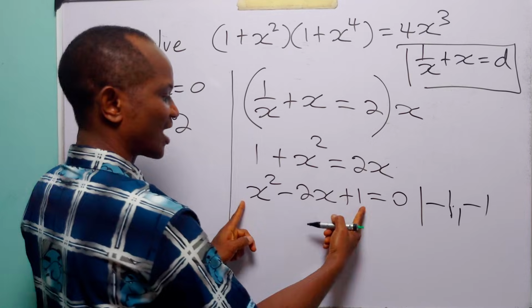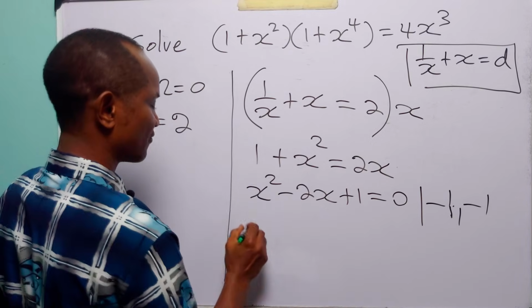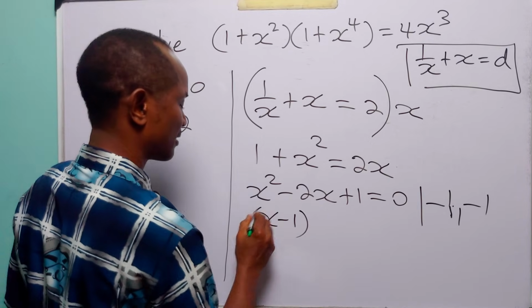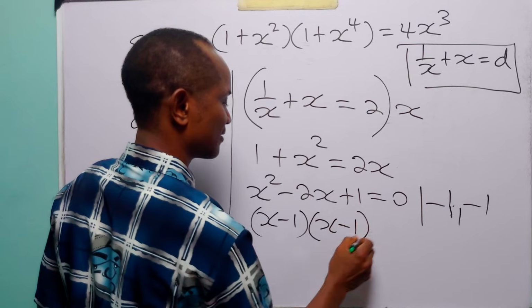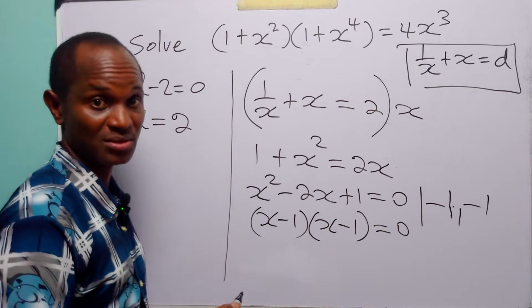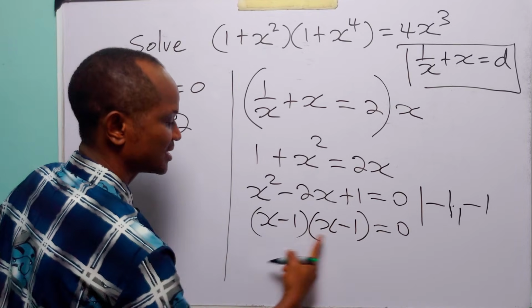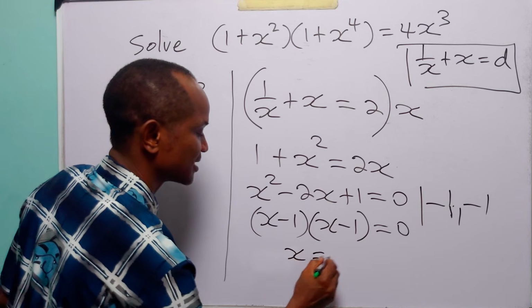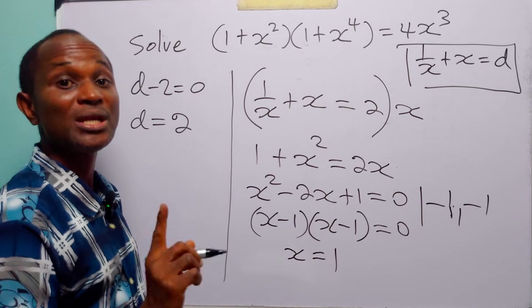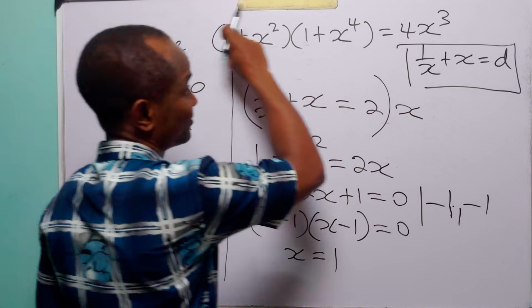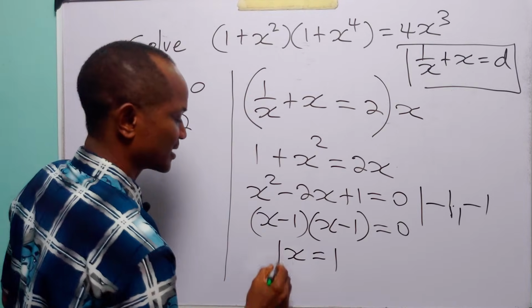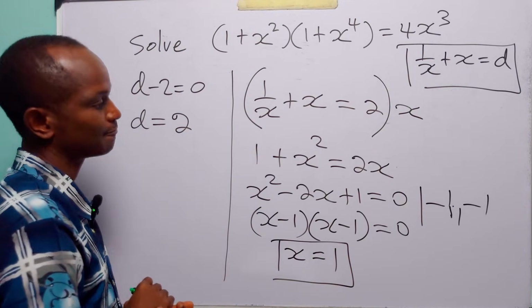So when we factorize this left-hand side, what we have is x minus 1 multiplied by x minus 1, and this is equal to 0. Now, of course, you can see that from here we have that x is equal to 1. So the only real value of x that satisfies this equation is x equal to 1.